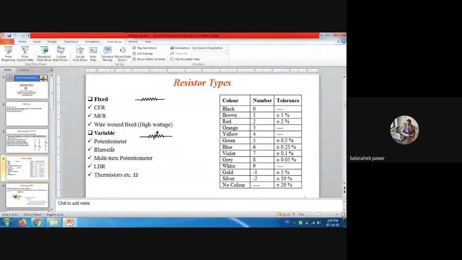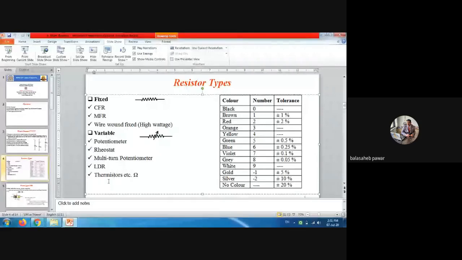Either we change them manually, or their resistance changes according to environmental conditions. Like in an LDR, whenever the light intensity changes, its resistance also changes, so it is a light dependent resistor. Then the thermistor: according to temperature, its resistance changes. Both negative temperature coefficient and positive temperature coefficient thermistors are available in the market.